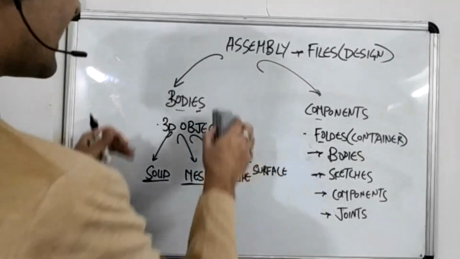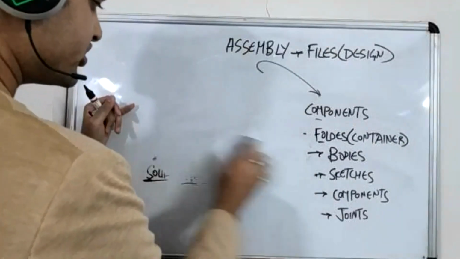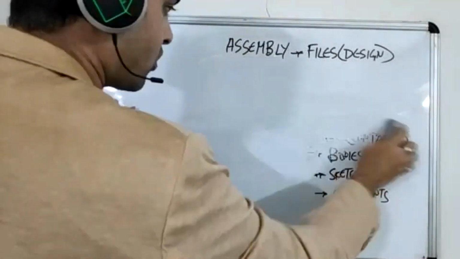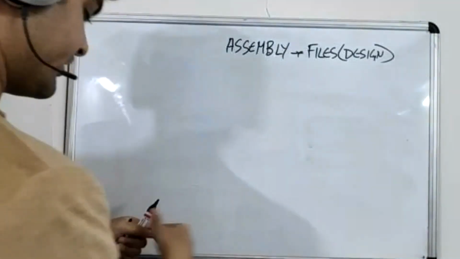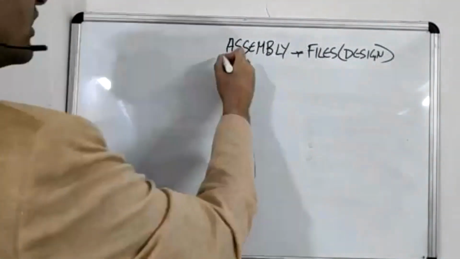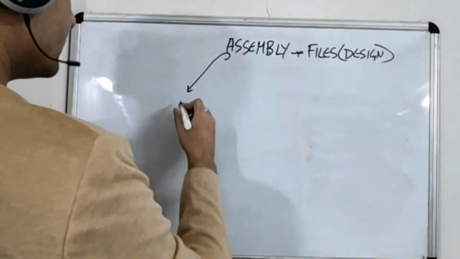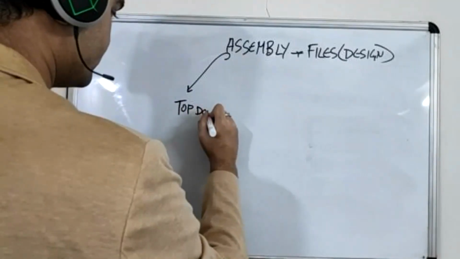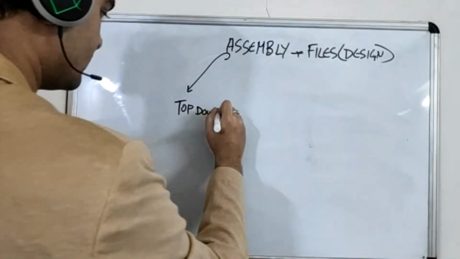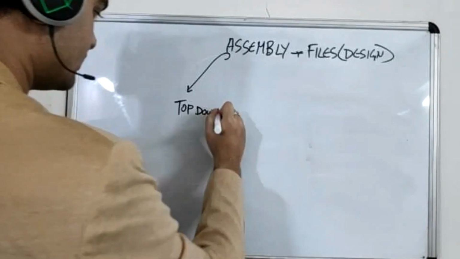Now that we have a basic idea of what bodies and components are, let me take you through two major workflows that one can follow in Fusion 360 or any CAD software. The first workflow is the top-down workflow, and the second one is the bottom-up workflow.